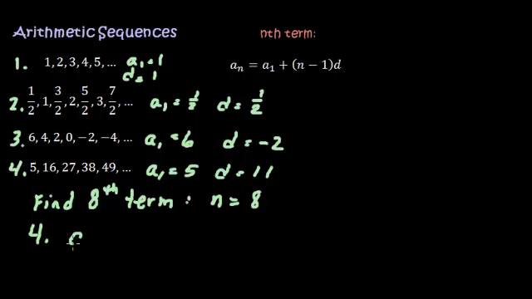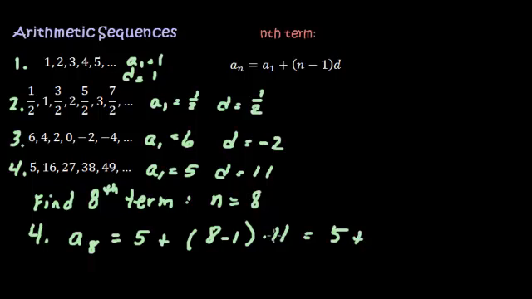So I would say a sub 8, because that is our n, equals a sub 1, which is 5, plus n, which is 8, minus 1 times our difference, which is 11. That would equal 5 plus 7 times 11, so that would be 77, and our 8th term would be 82.